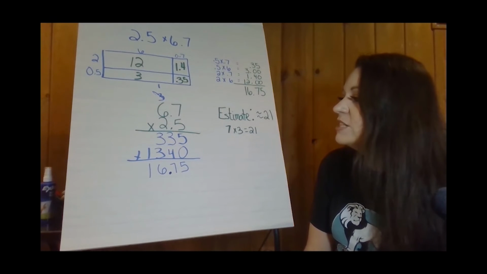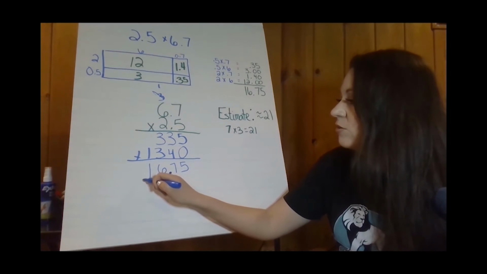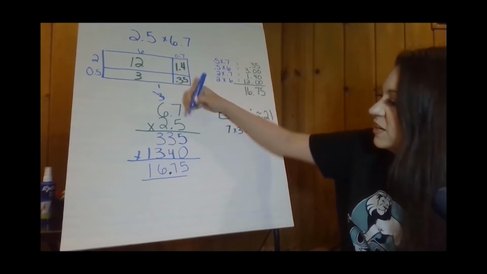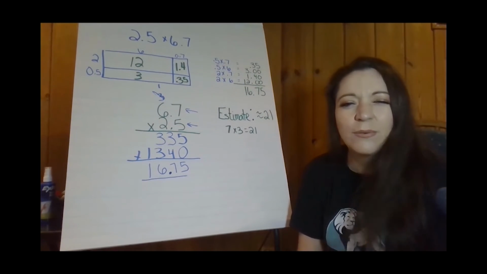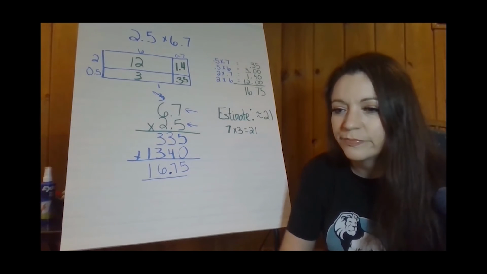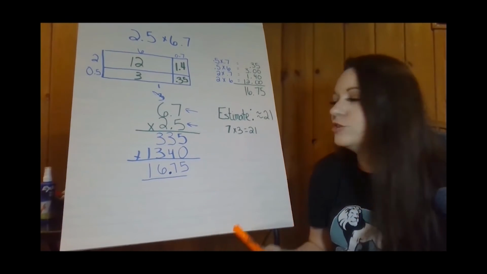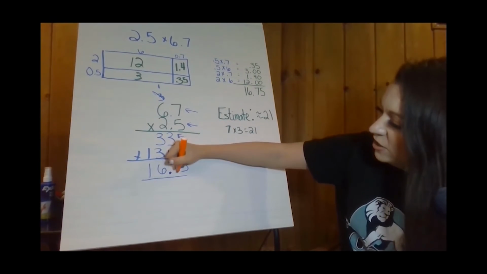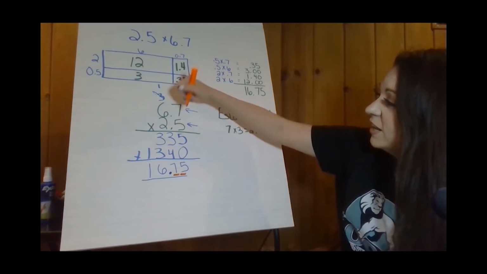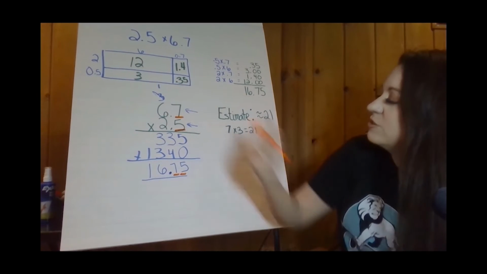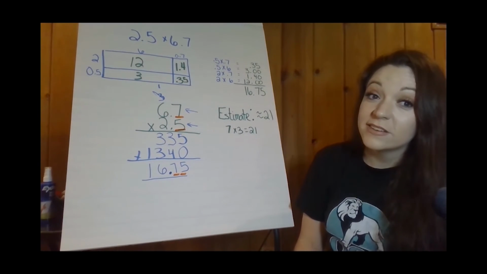Okay, are you noticing anything else about the product and the factors? About the decimal point anywhere in there? Did you notice that there are 2 places to the right of the decimal point in our product, and there are also 2 places to the right of the decimal point in our factors?